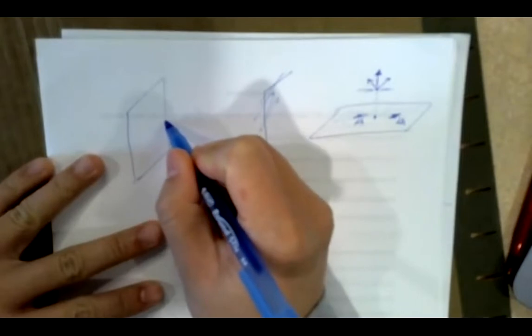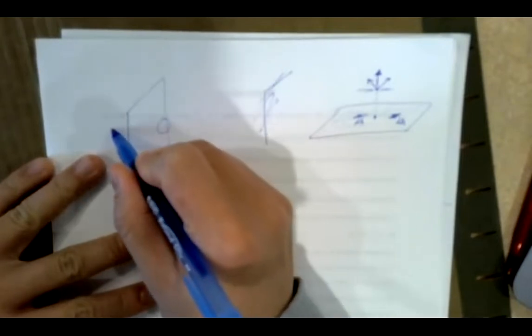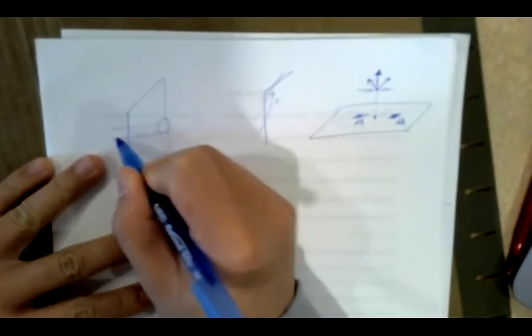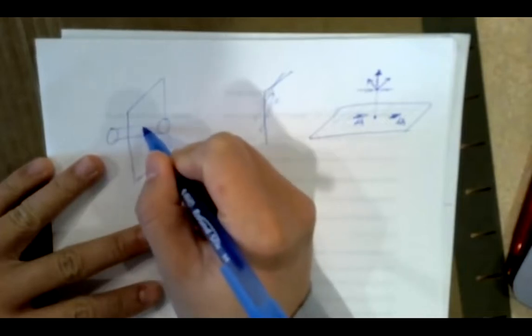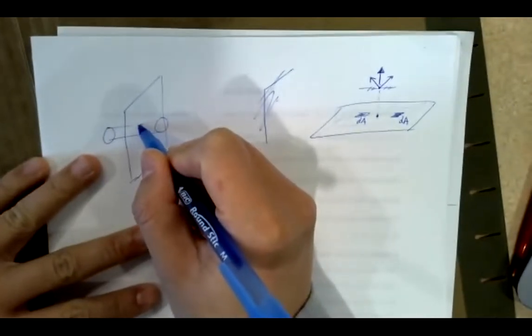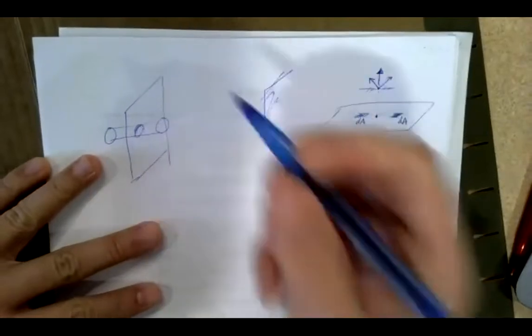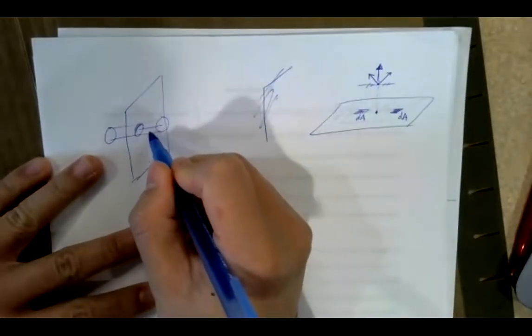So in this case, you take a Gaussian surface over here, a cylinder, and imagine this is somewhere in the middle where they intersect, a distance r away.